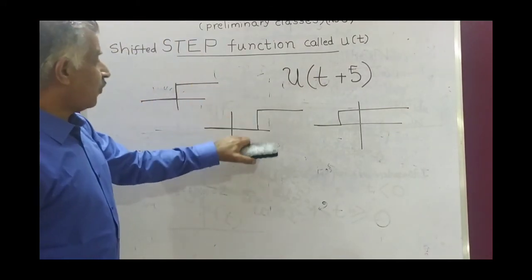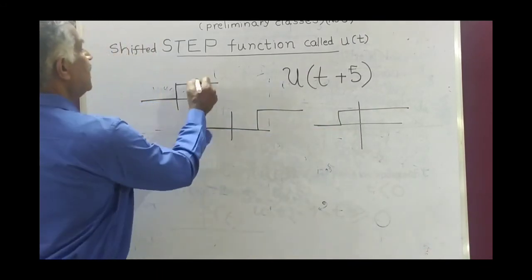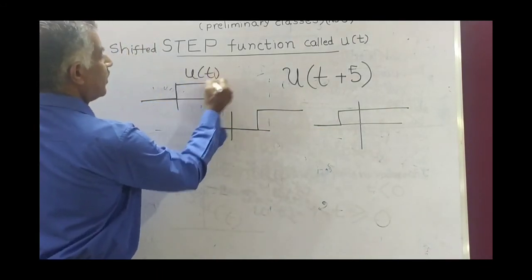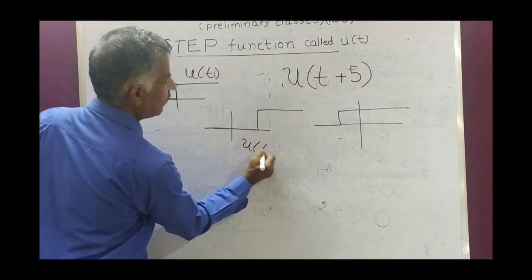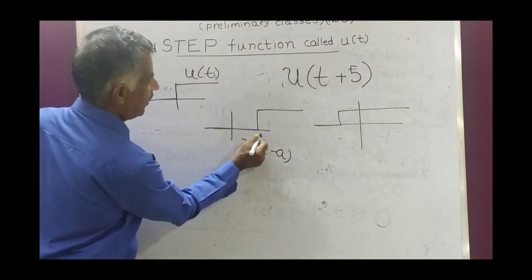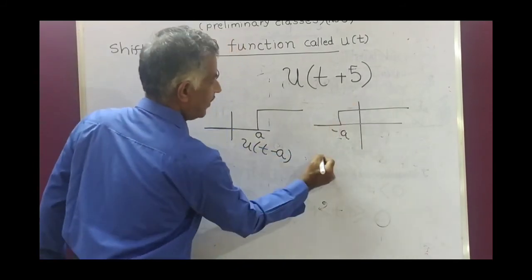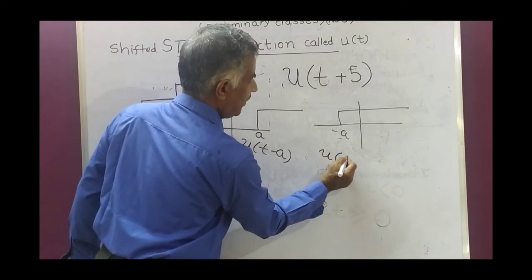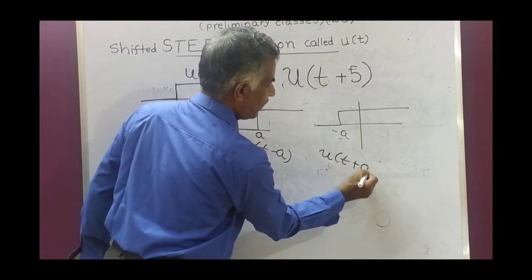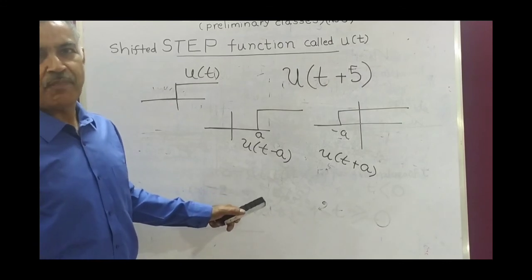This is also another kind of shifted step function. In this case it is u of t, in this case it is u of t minus a. In general, a is any constant, u of t minus a, and in this case it is u of t plus a.